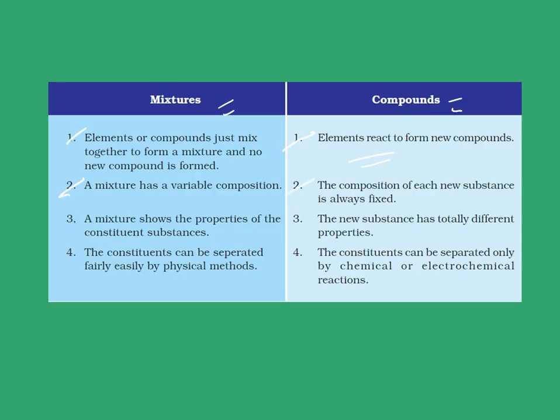A mixture shows the properties of its constituent substances, whereas in compounds, the new substance has totally different properties. The last point of difference is that the constituents can be separated fairly easily by physical methods in mixtures, whereas in compounds, chemical or electrochemical reactions have to be applied in order to separate the constituents.